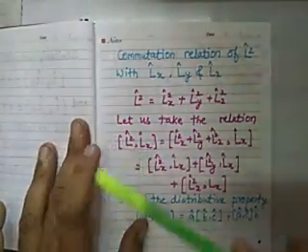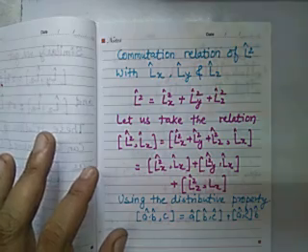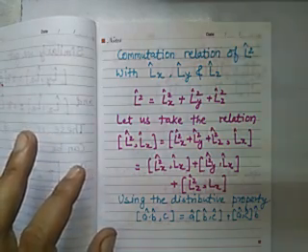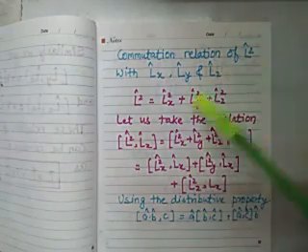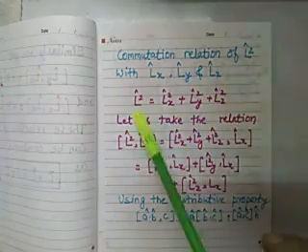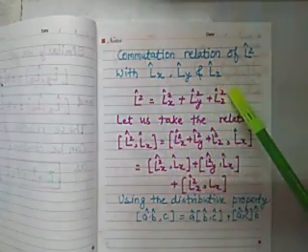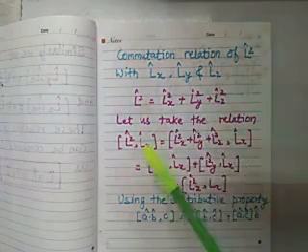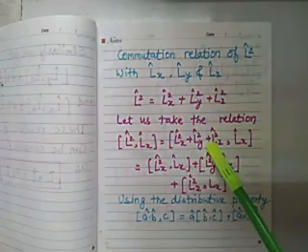Okay. Now we come to the next relation, that is the commutation relation of L square with Lx, Ly, Lz. Here L square is defined as Lx square plus Ly square plus Lz square. Now we put the value of L square here in the commutation relation.